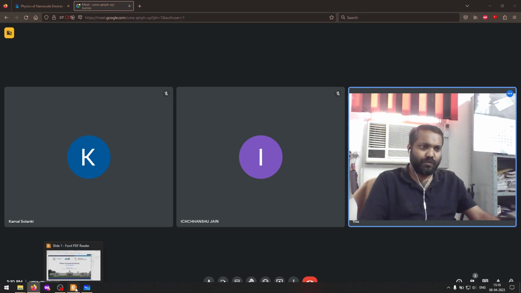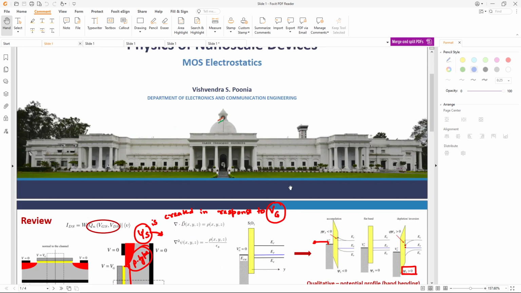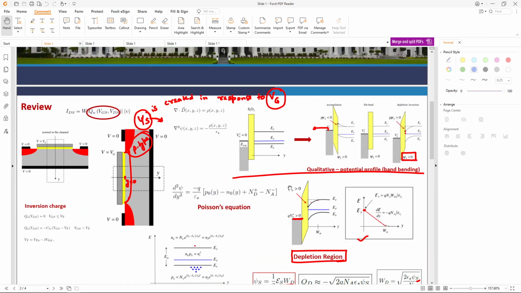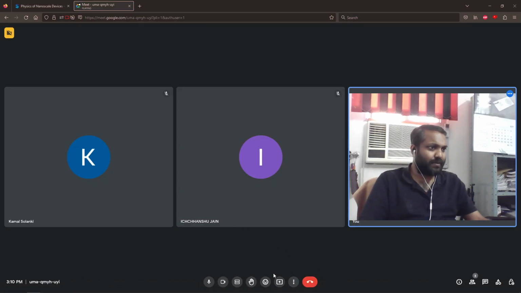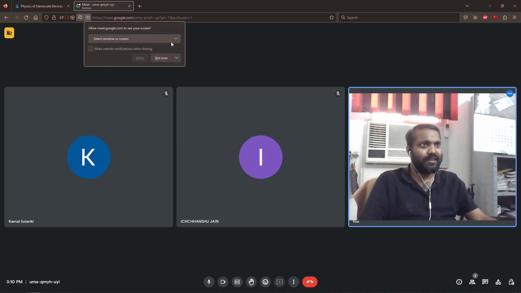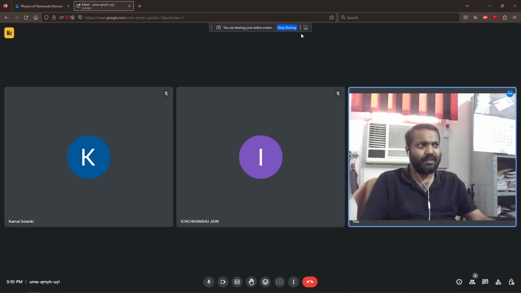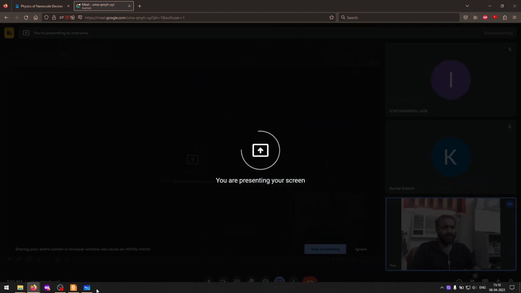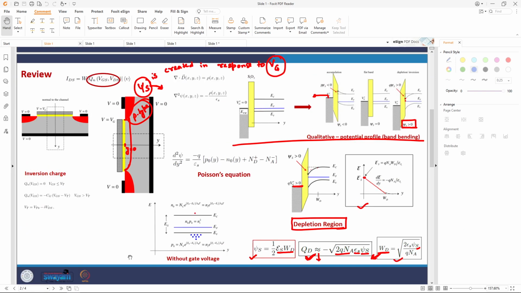Week 11 begins with a continuation of MOS electrostatics. Just one second, I think I have not shared my screen. Let me do that quickly. Yeah, is the screen visible?